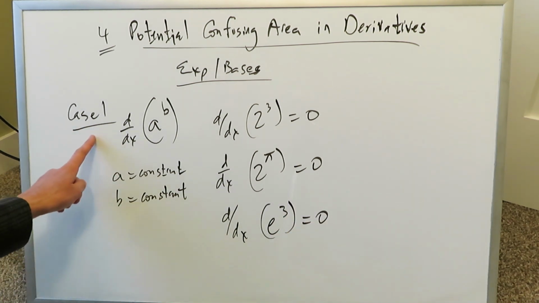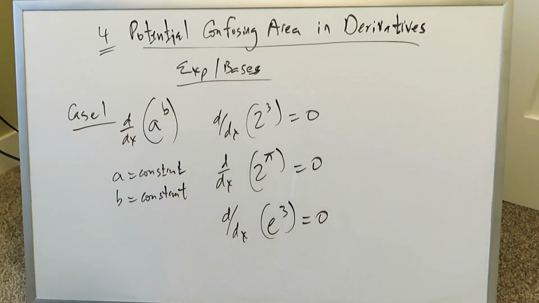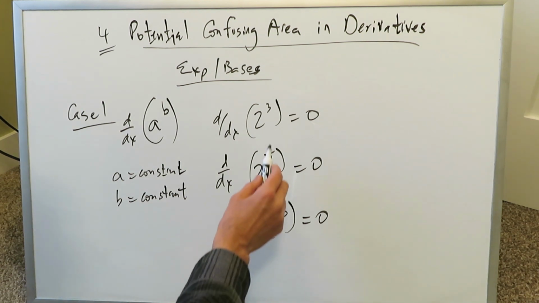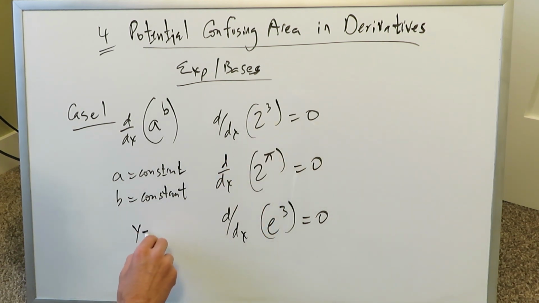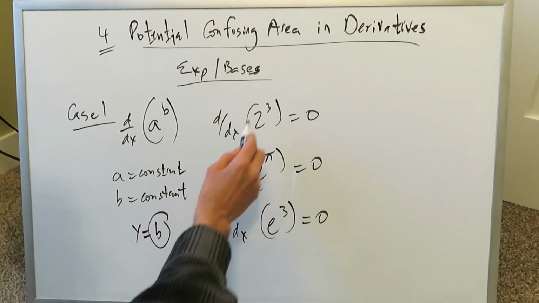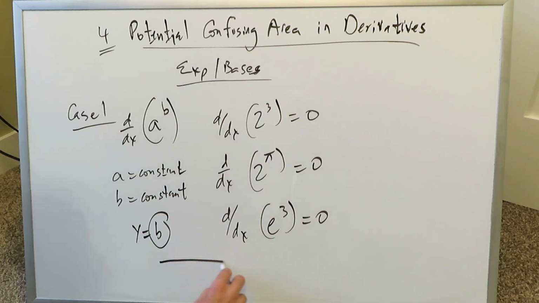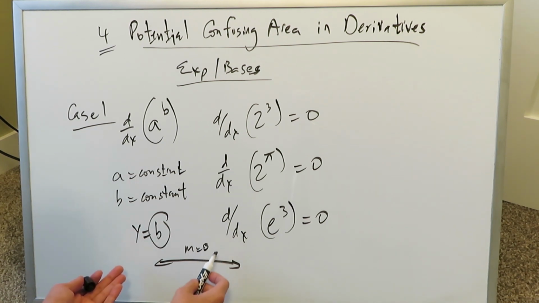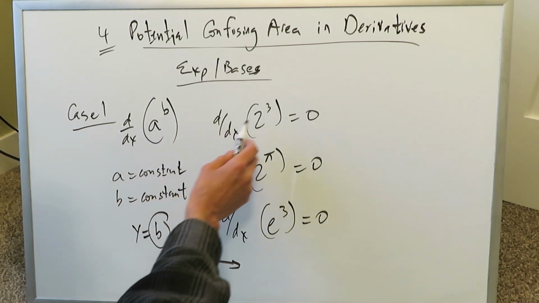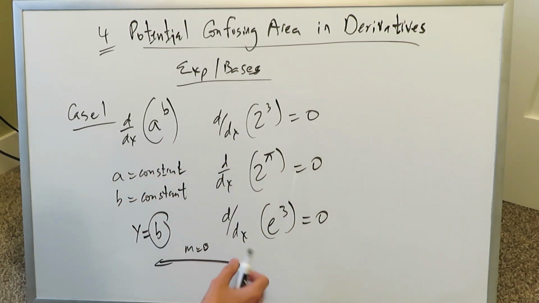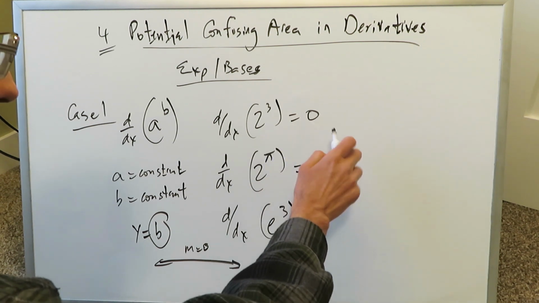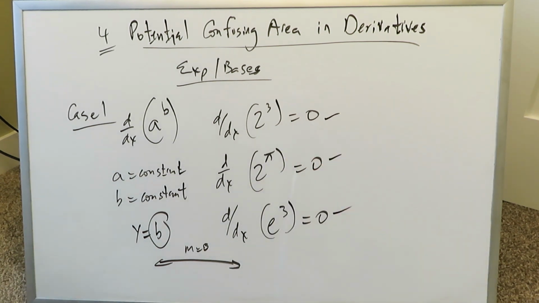The reason why this specific case A, where you have a constant to the power of constant, is always equal to 0 is that all of these are y equals b, horizontal lines, and horizontal lines have a slope of 0 because they're horizontal. Therefore the rate of change is 0 and the derivative is 0. So case A, be wary of this and don't let this confuse you into anything other than presenting 0 as the answer here, and you should always be right in that case.